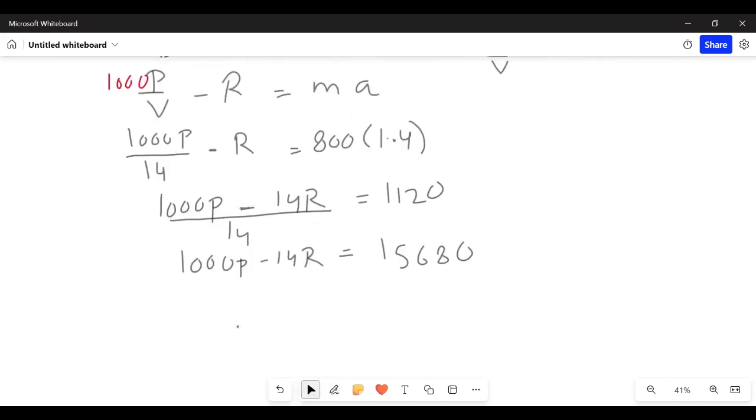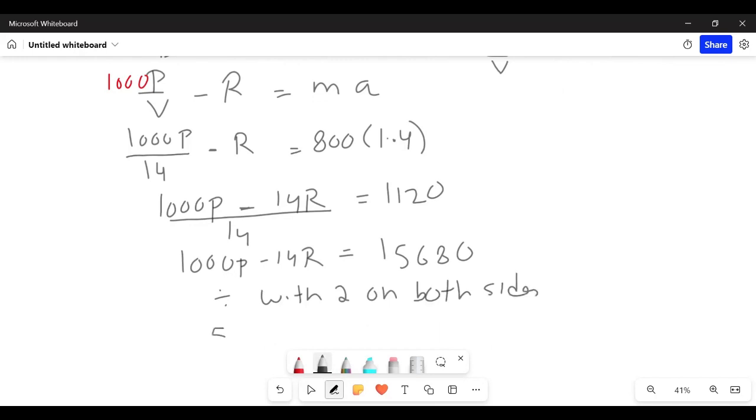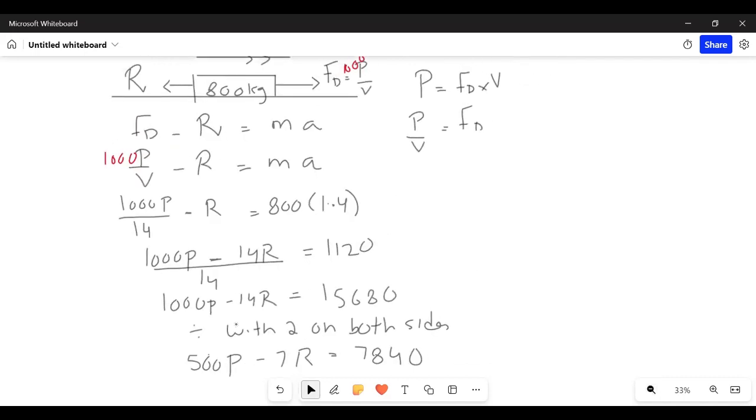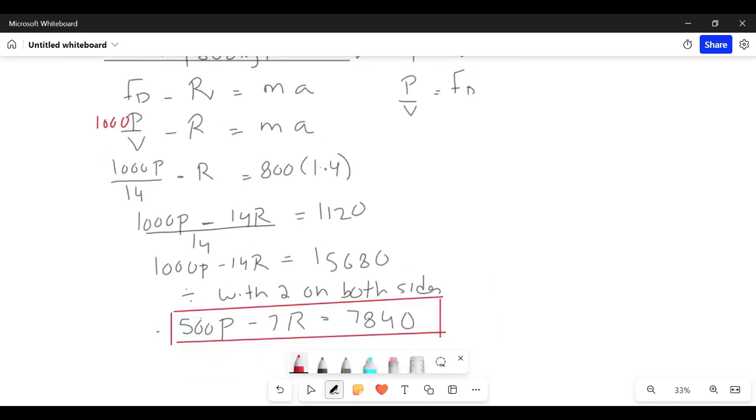I'm going to divide both sides by 2 to simplify this. So then I get 500 P minus 7R is equals to 7840. This is equation 1.